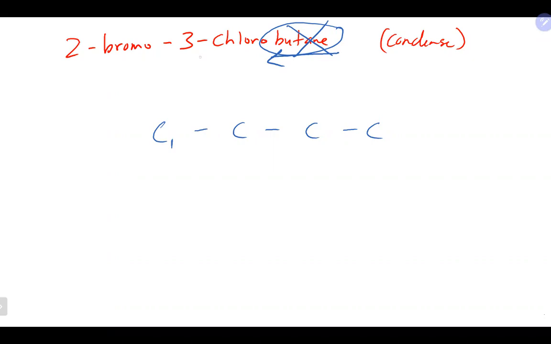We could see that at carbon number 3, there should be a chlorine, which means for me, carbon number 3 would be right about there, and we should have a chlorine attached. For me, carbon number 2, which would be right here, will have a bromine attached. And at this point, we're out of name, so that means we're just going to fill in everything else as hydrogens.